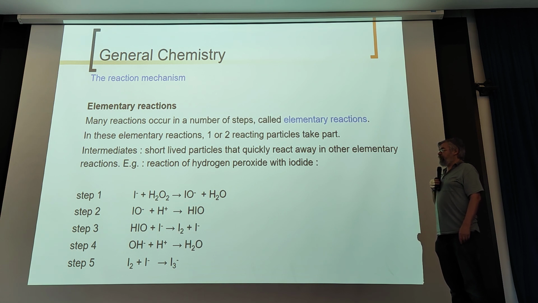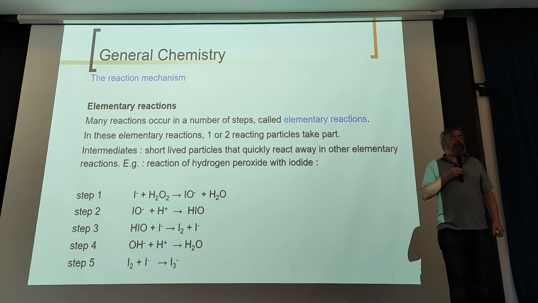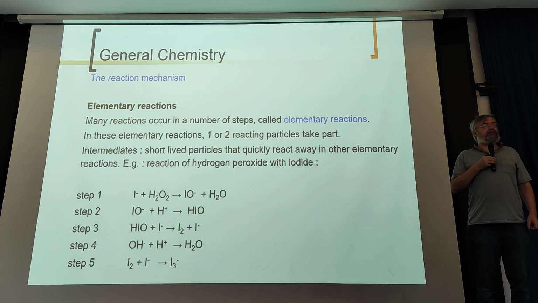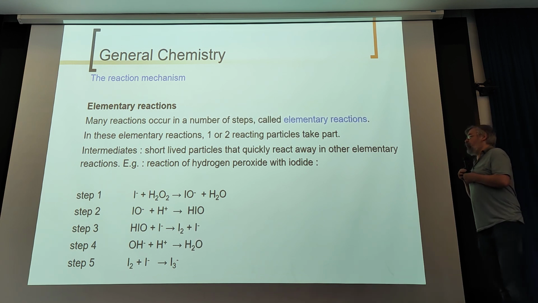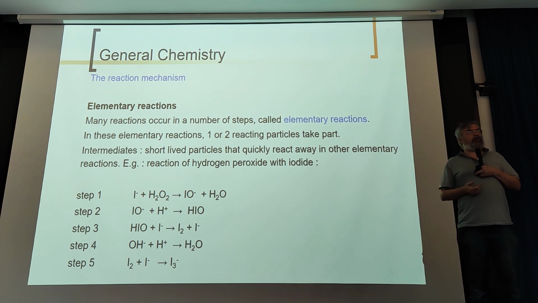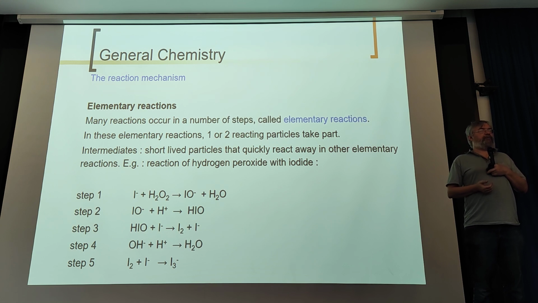Also in step 4, the protons are neutralized to water. If you add up all these 5 steps, you will get the global reaction. And you will see that in this global reaction, actually, there is no hypoiodide, there is no iodine, and so these all are falling away during the reaction.